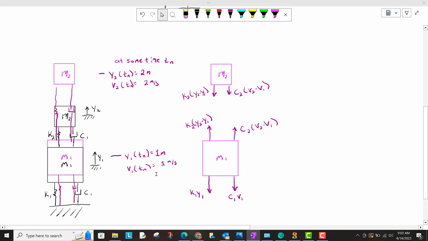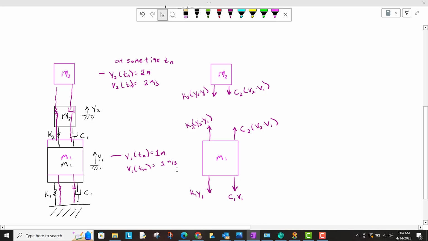So what about the damper? At that same state, I've indicated that the velocity of mass 1 is 1 meter per second, so the damper would be tending to try to slow that mass down. So I've drawn the vector down and I've formulated the damper force as being C1 V1.